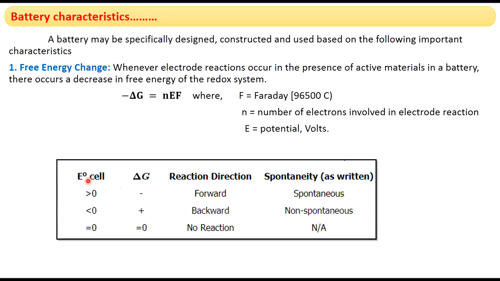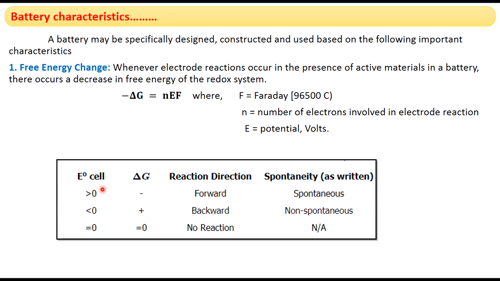If the standard electrode potential is less than 0, that indicates negative EMF. Negative EMF means we are supplying power to the cell. We are not getting electricity; electricity is consumed by the cell. In such a case, delta G is positive. That means free energy is produced. The reaction will be in the backward direction, and as we are supplying power, the reactions are non-spontaneous.